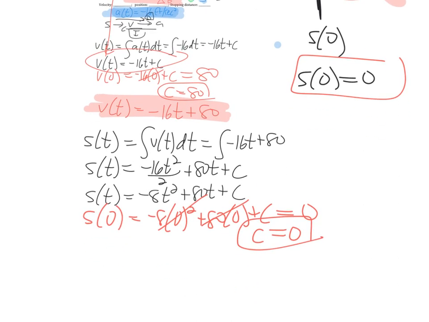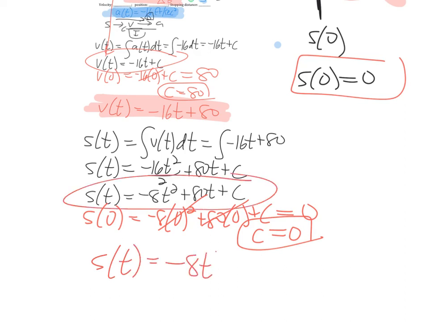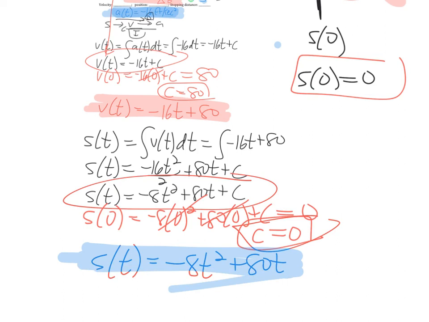So here our position function, s of t, is going to be equal to negative 8t squared plus 80t plus 0. So here is, besides a reminder, here is our position function.